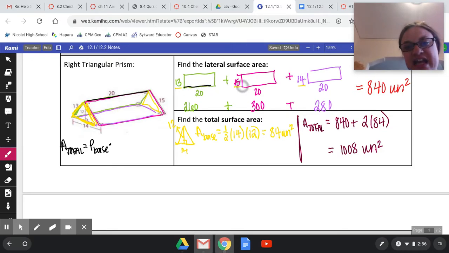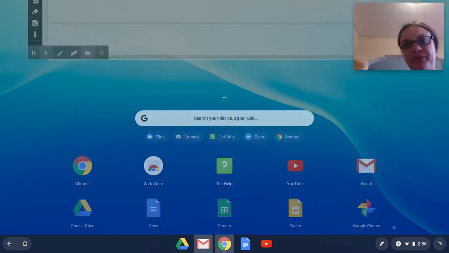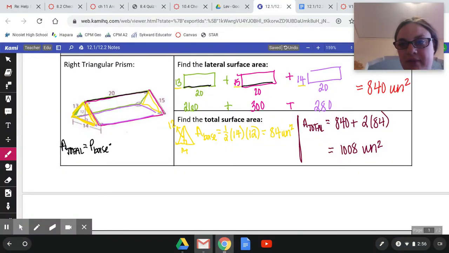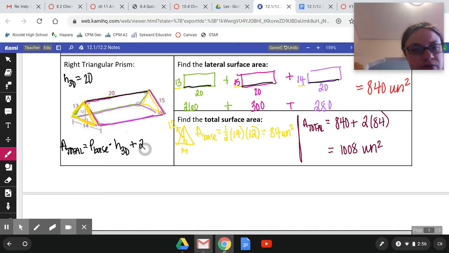The 20 is the height of the 3D object. So the height of the 3D object in this case is equal to 20. And then you add to that 2 times the area of the base.